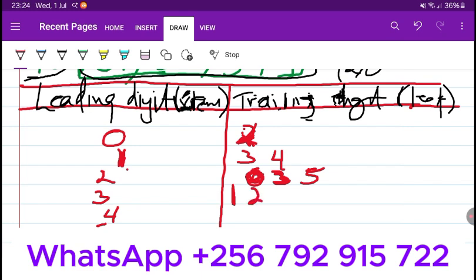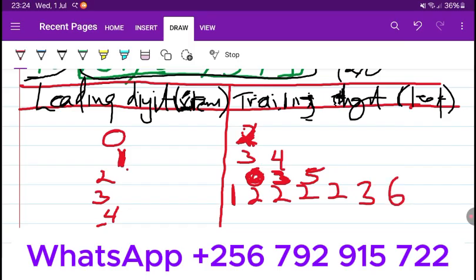So the first 2, then the second 2, the third 2, and then the fourth 2. Because we are writing it in the ascending order, then we go to the next digit, which is 33. 33 was appearing once. So we picked the 3 to be a leading digit, and then the 3 to be a trailing digit. Then lastly, we had 36, and we picked a 3 to be a leading digit, then a 6.